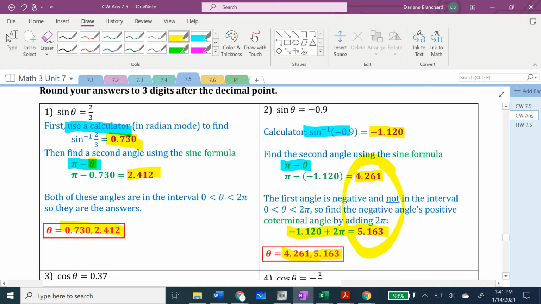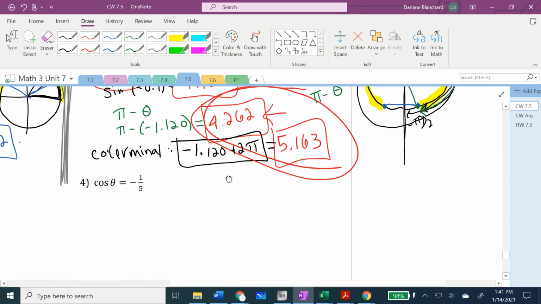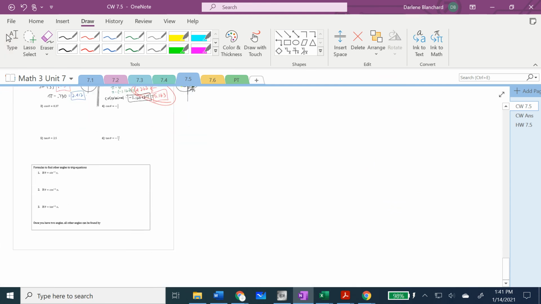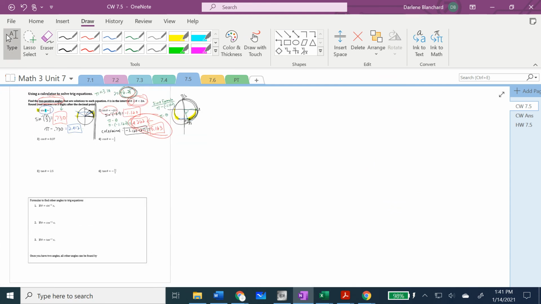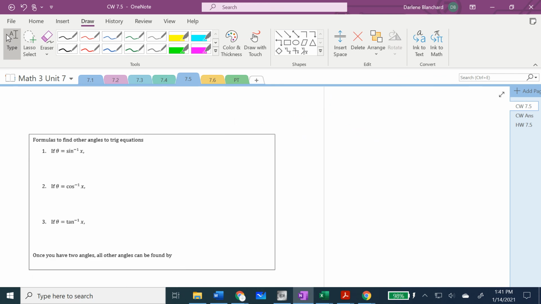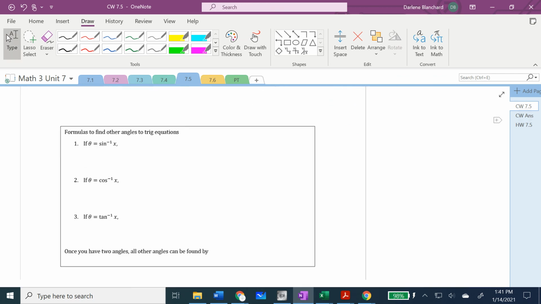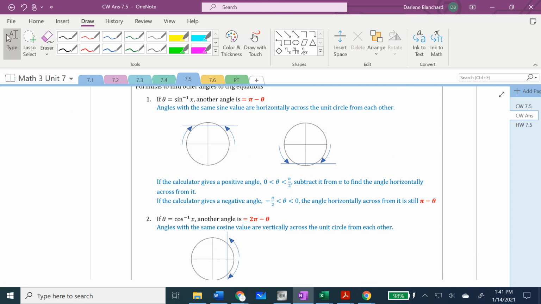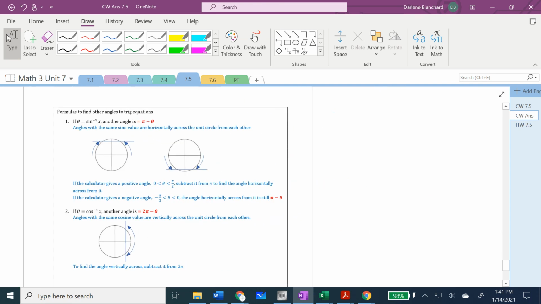And that is basically what you're going to do for each of these, except cosine and tangent have different formulas. And because I only have 5 minutes left in class, I'm going to have to go straight over to the formulas. And actually, did I? Yes, I have a nice drawing to go with them.